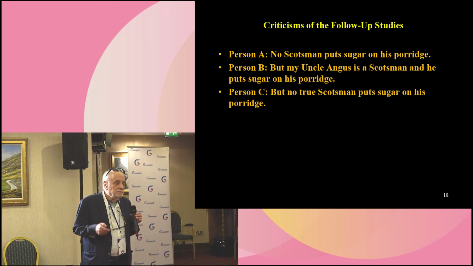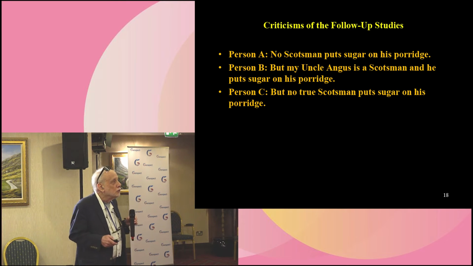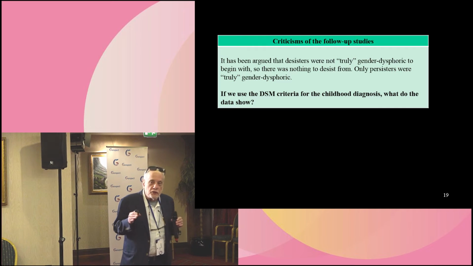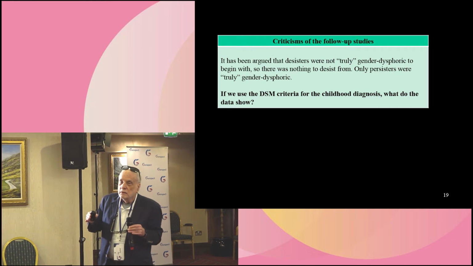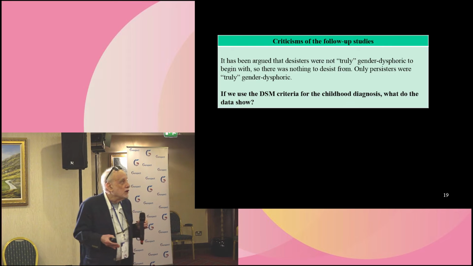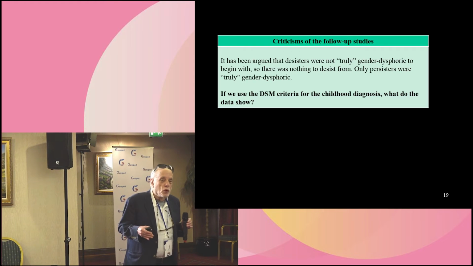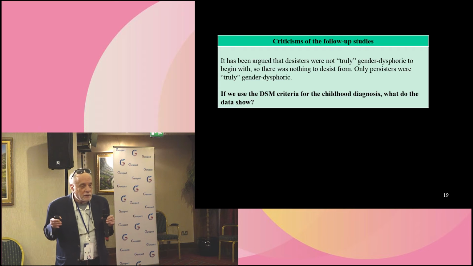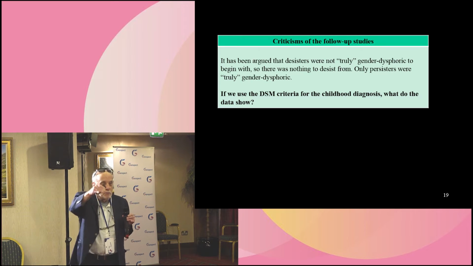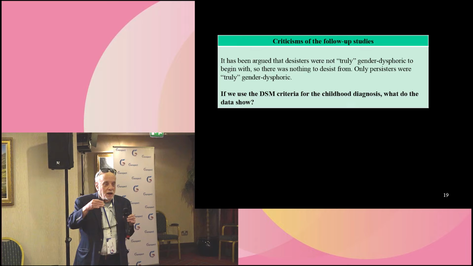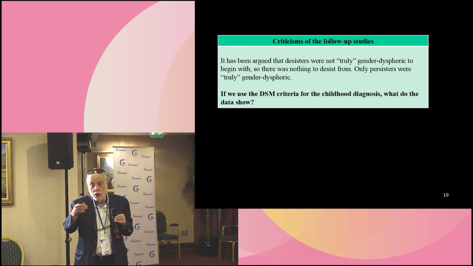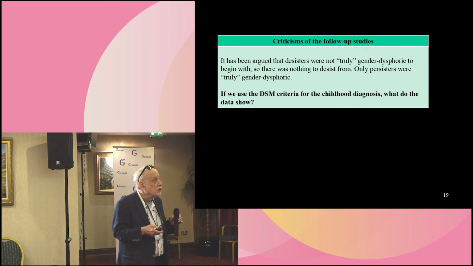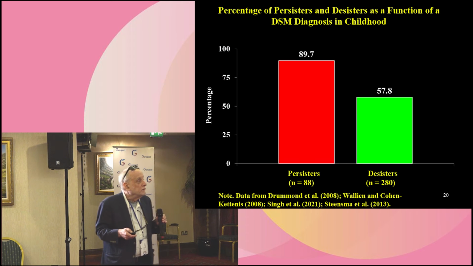But I take the criticism seriously. And so one of the things we could look at in the Dutch studies and in the Toronto studies is, well, what if we look at the DSM criteria and separate the kids as a function of whether or not we said they were threshold or sub-threshold for the diagnosis?